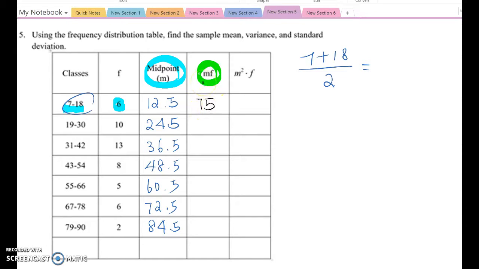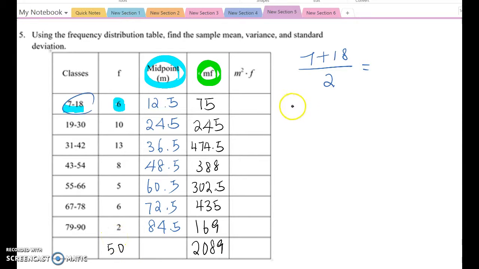In the same way, please pause this video, find all the m times f values, and come back to this video. After calculating all these values, you will get those values and the total sum becomes 2089 and the total frequency will be 50.